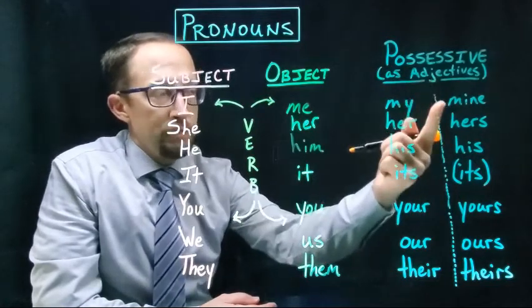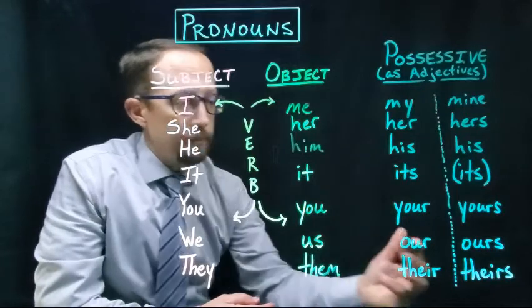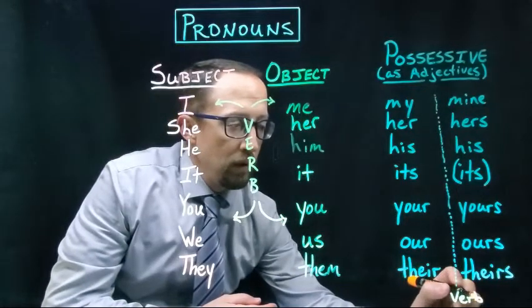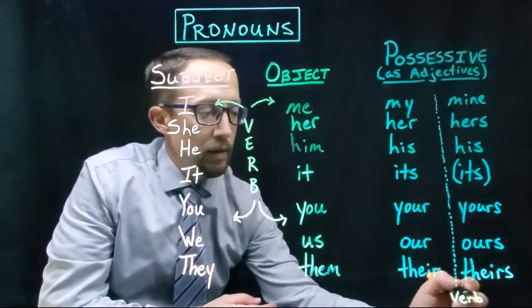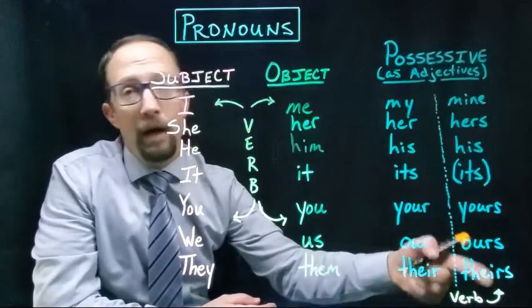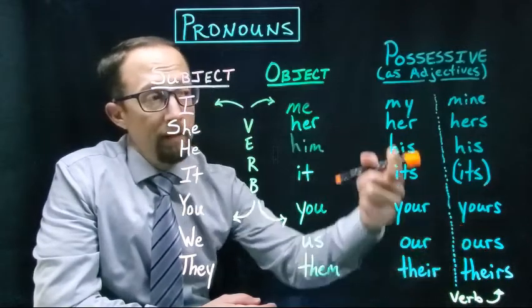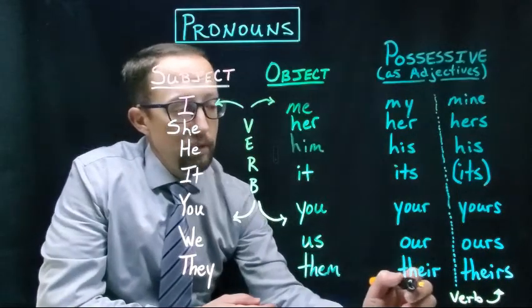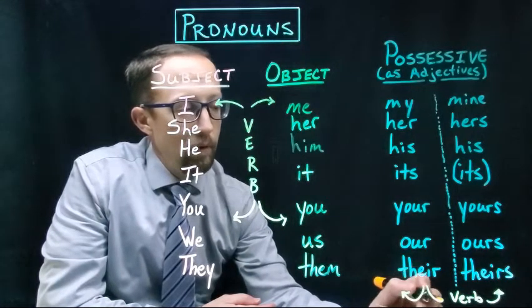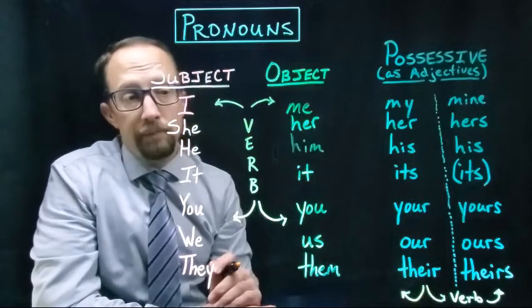For the possessives as adjectives, there is also a verb in the sentence. These always come after the verb. These can come before the verb or after the verb.